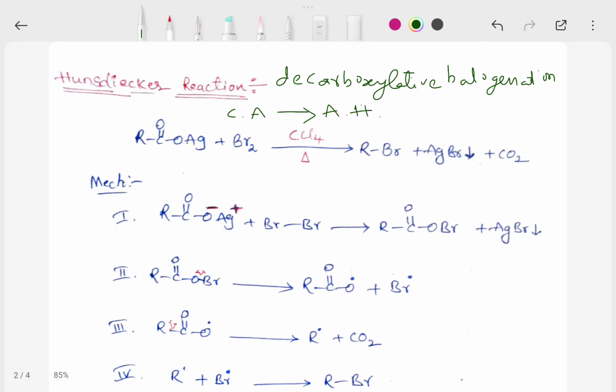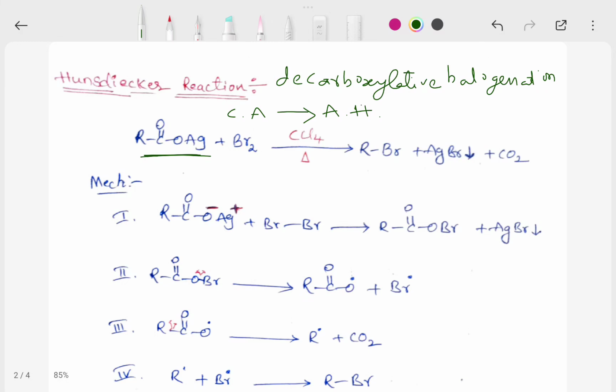In this reaction, heavy metal salts of carboxylic acids, with heavy metals like mercury, silver and lead, are used. I am taking here the silver carboxylate.